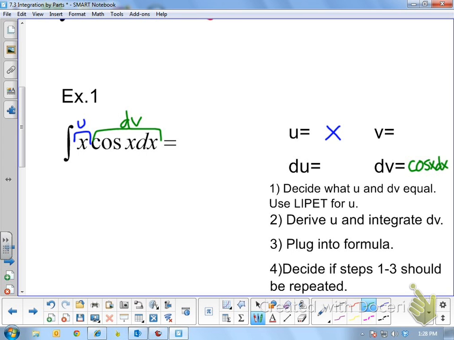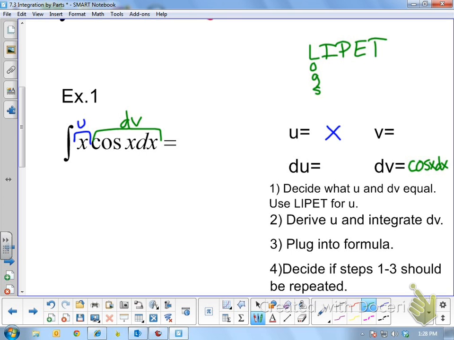So the way we decide what u is, we use something called LIPIT. LIPIT is just an acronym for the order you should pick your function. L stands for logarithm, log.